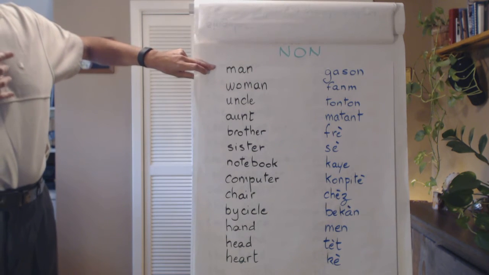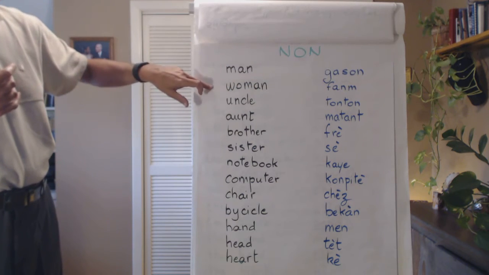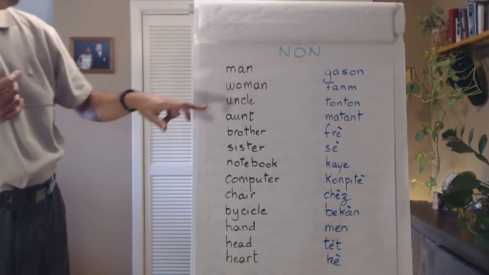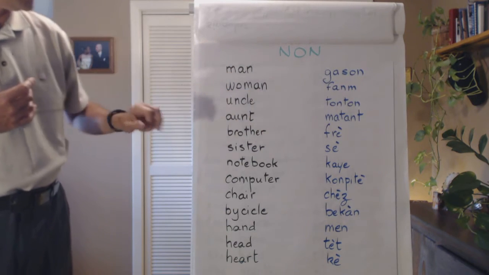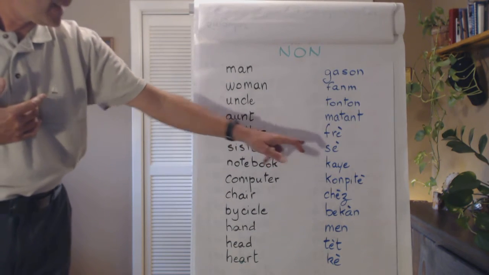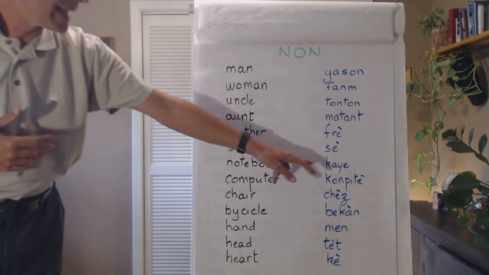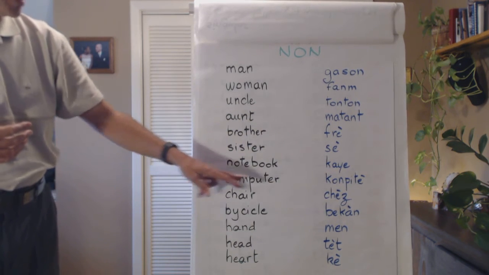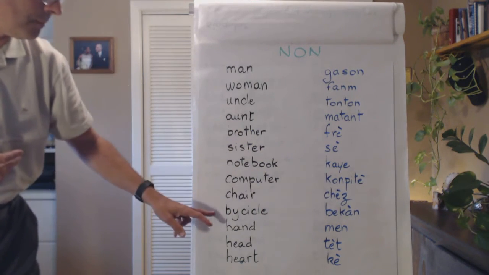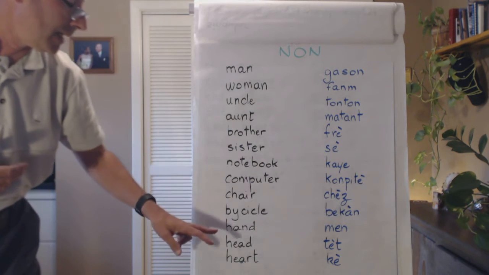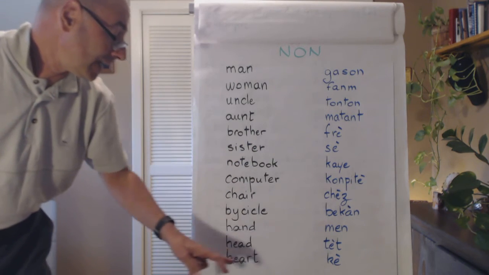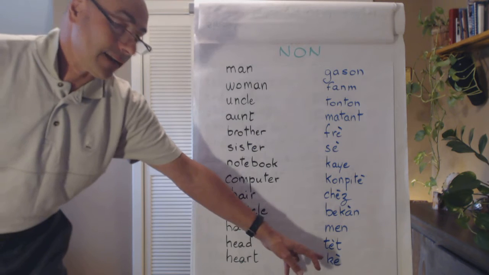So man is garçon, woman, femme, uncle, tonton, aunt, ma tante, brother, frère, sister, sœur, notebook, cahier, computer, chair, chaise, bicycle, bécane, hand, main, head, tête, heart, kè.